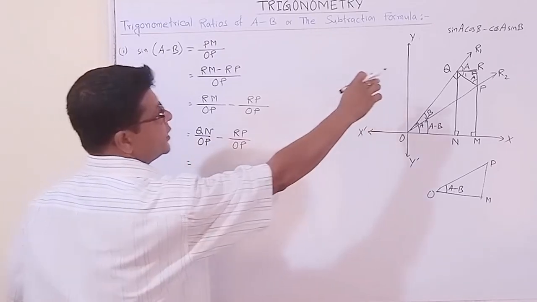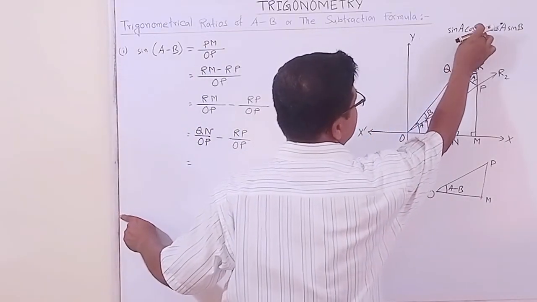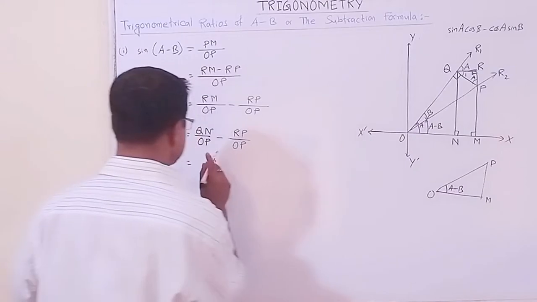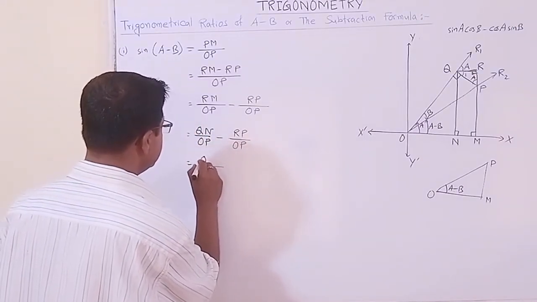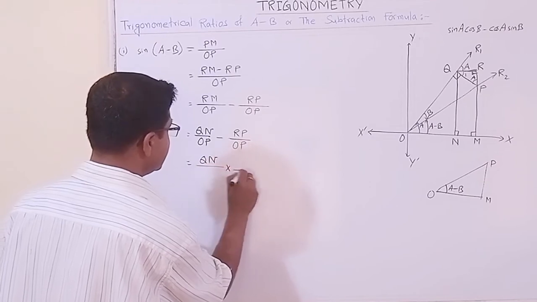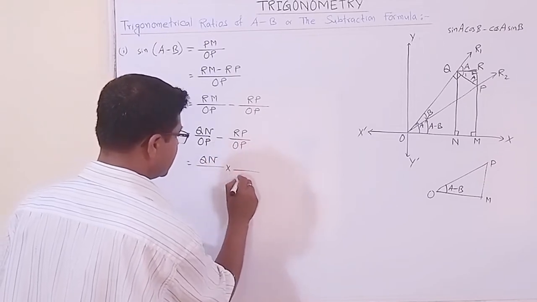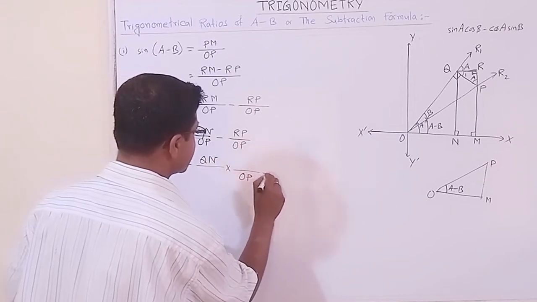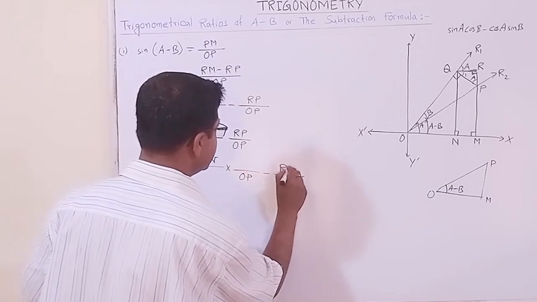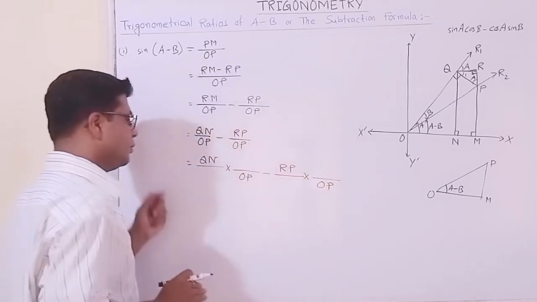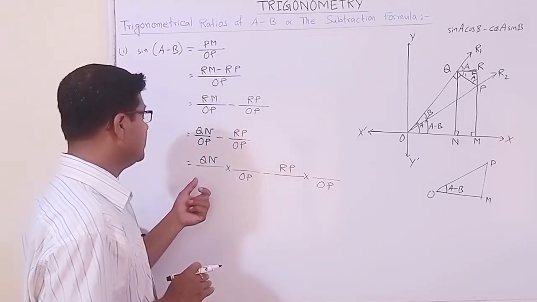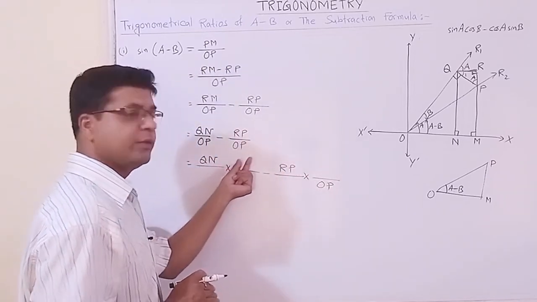Now each term is a product of two ratios. So here also, like the first case, we will do it this way: QN by something into another ratio, here it will be OP. This is our structure. I am doing it in an easier manner so that everybody can understand. In this structure we will frame it. Now what do we have to write? The same terms.